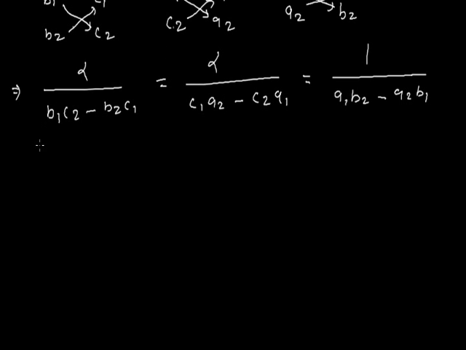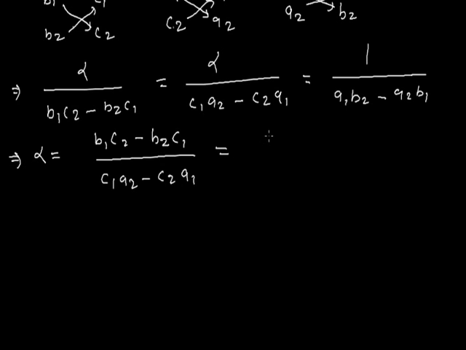So we can find the value of alpha as b1 c2 minus b2 c1 divided by c1 a2 minus c2 a1, equal to c1 a2 minus c2 a1 upon a1 b2 minus a2 b1.